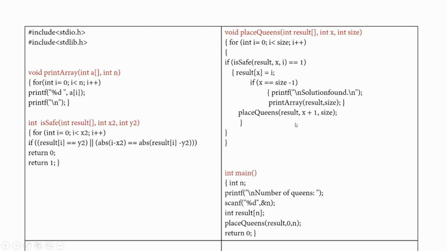Now coming to the isSafe function, it just returns true or false, that is 0 or 1 value. If you want to place a new queen, that is the x2 index queen, into the y2 column, it will return true if it is a safe state. If that state is unsafe, it returns 0.